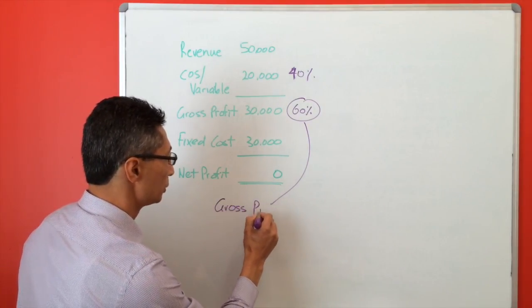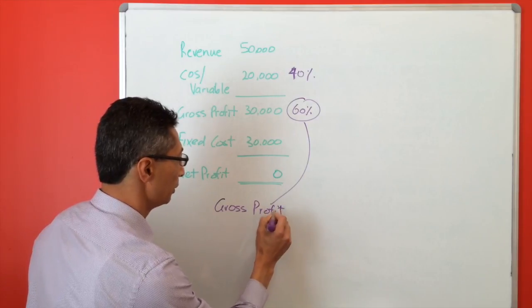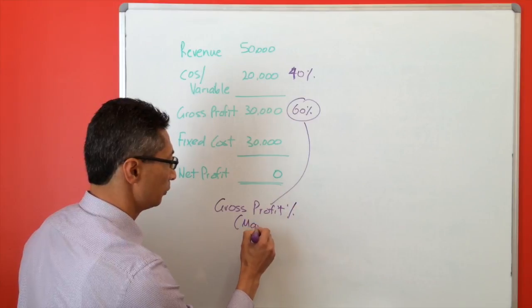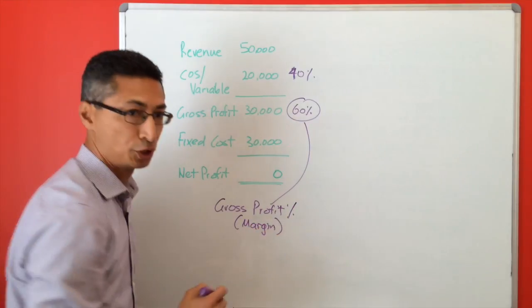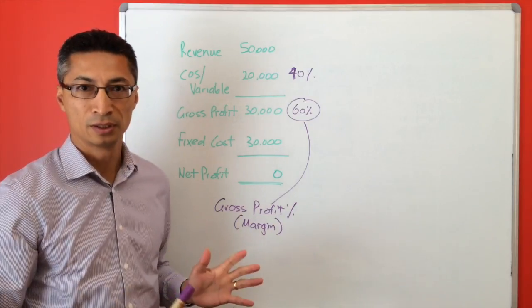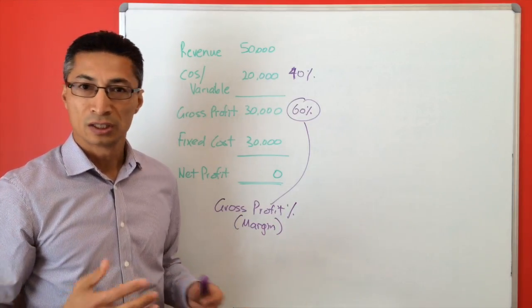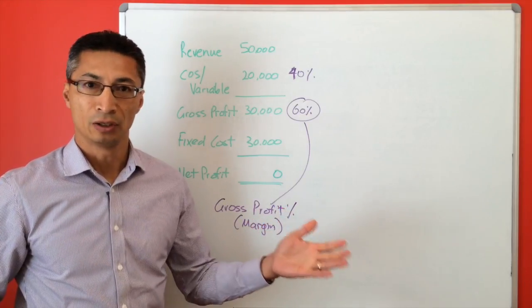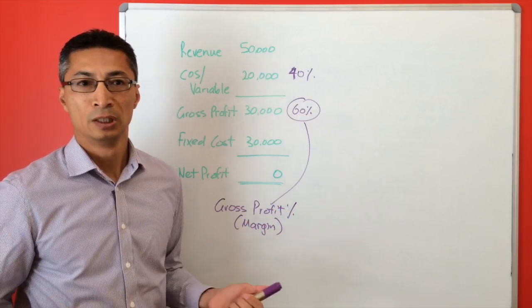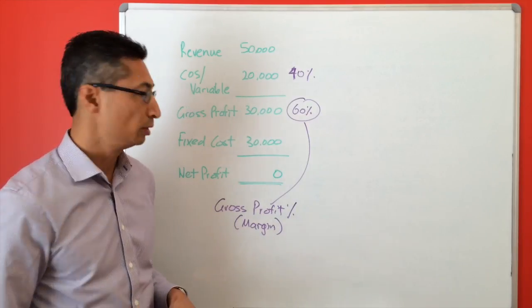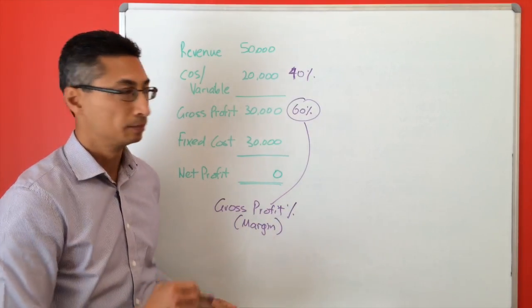And this is your gross profit percent or gross profit margin. And that's a very important number to understand in business. It really doesn't depend on what type of business, whether you're a manufacturer or a tradesperson, importer, exporter, reselling goods, whatever it may be. It's important to understand that figure.